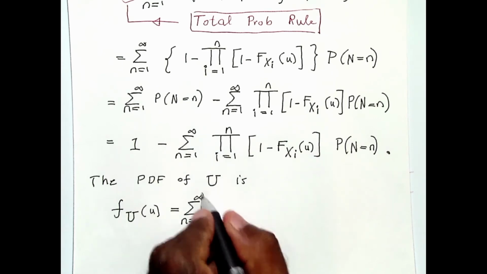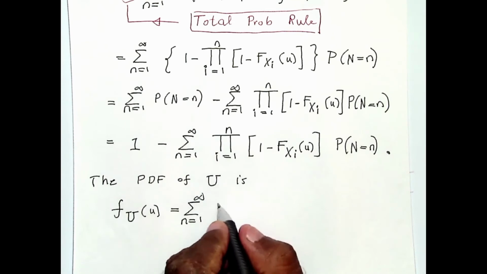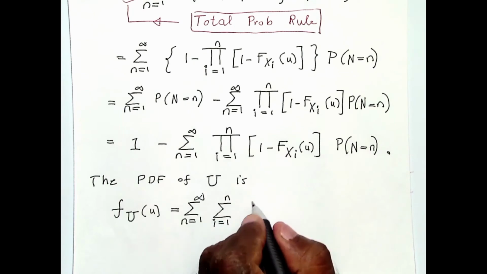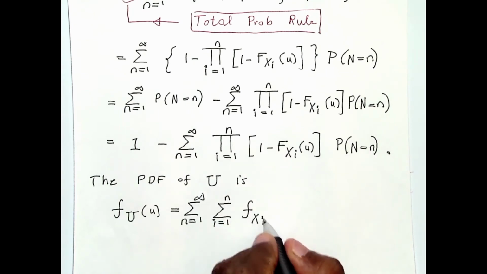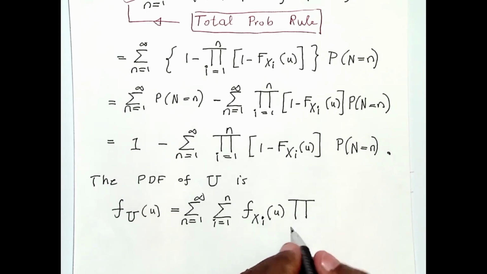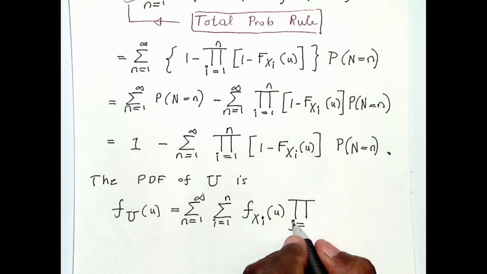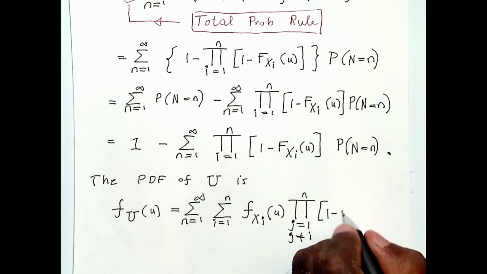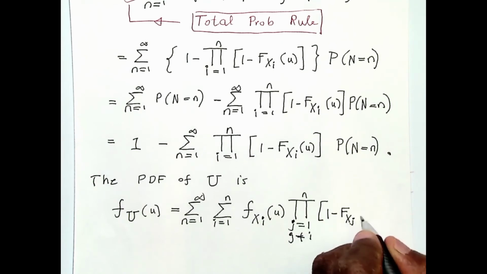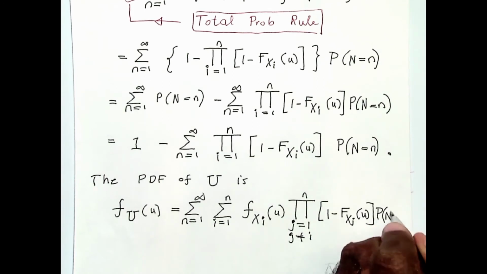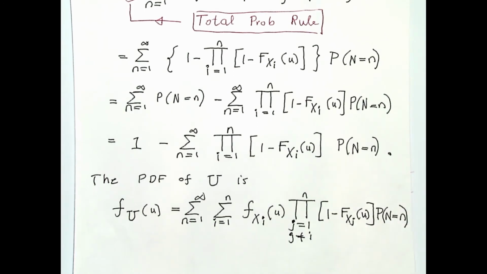If you differentiate this with respect to u, you will get the sum over i from 1 to n of little f_Xi(u), times the product over j from 1 to n, j not equal to i, times the probability that capital N equal to little n.